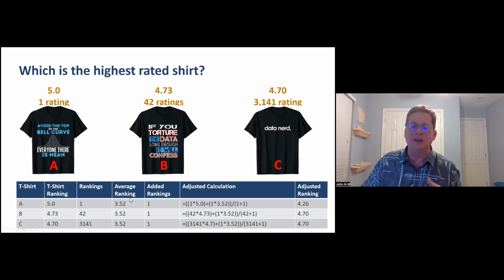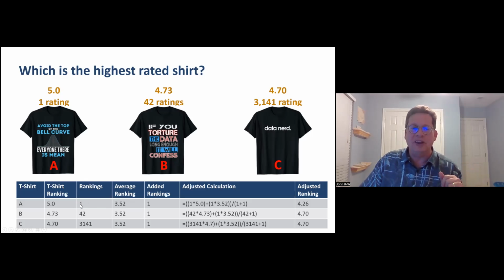So if we took a look at, this is all hypothetical, if the average ranking on T-shirts was 3.52 and we added one ranking to each of these T-shirts, with the ranking and the number of rankings, we can see the 5.0 T-shirt, there was one person who ranked it or voted 5.0.